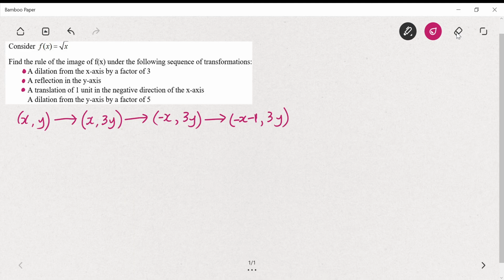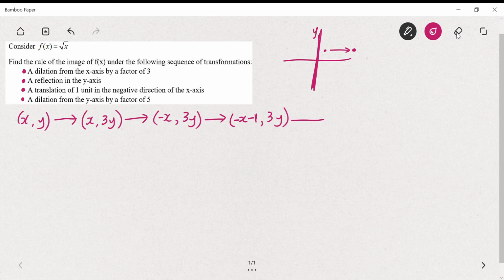And finally, a dilation from the y-axis by a factor of 5. Now, this here is the y-axis going vertically, so if your point was here, it's now 5 times as far away. It's been dilated from the y-axis. That's a horizontal stretching.